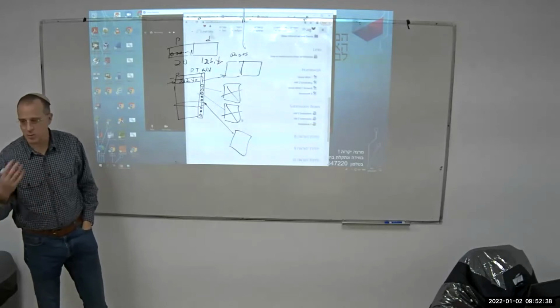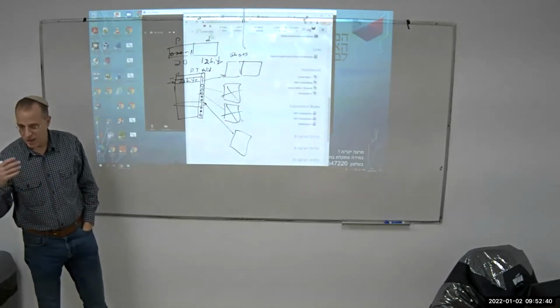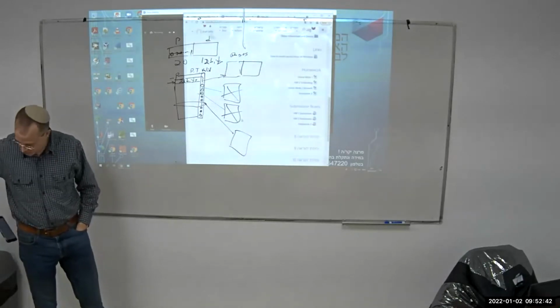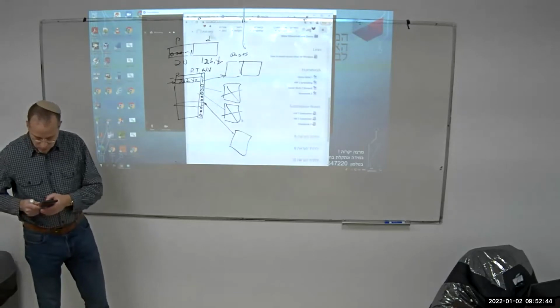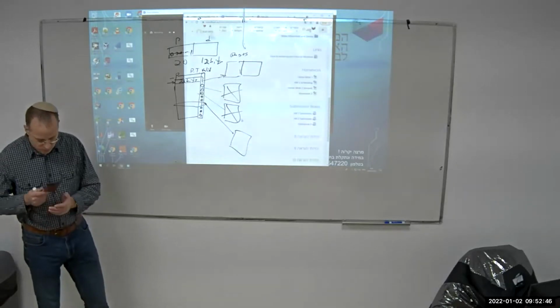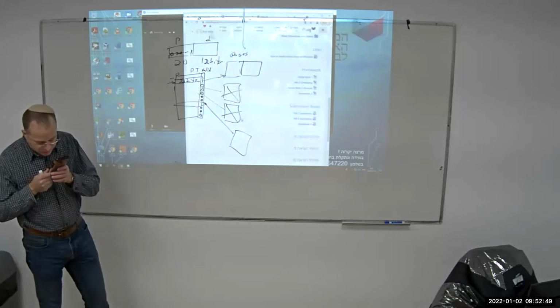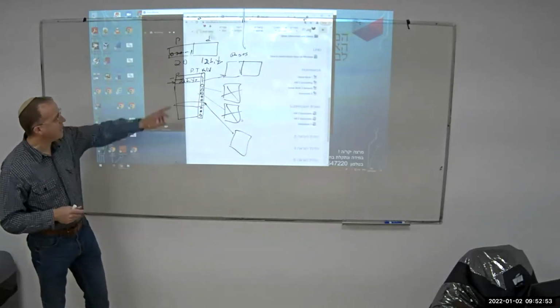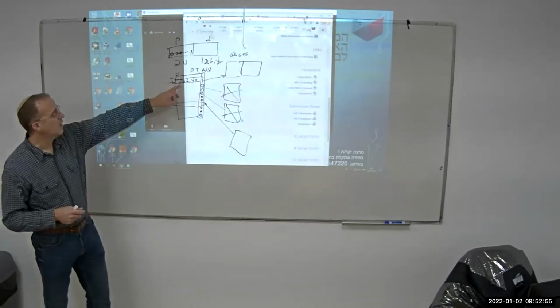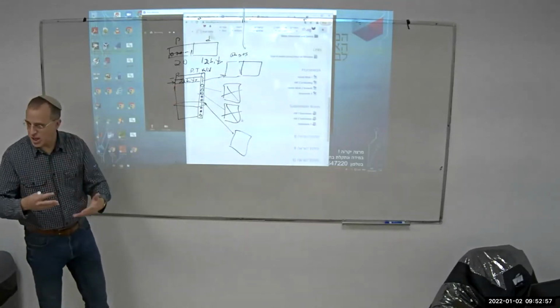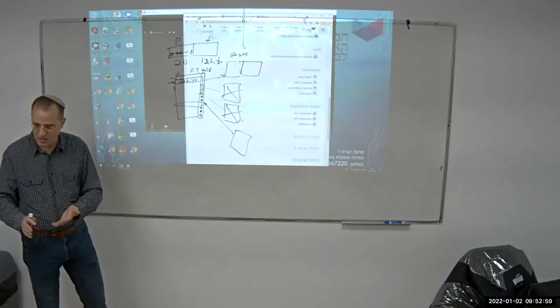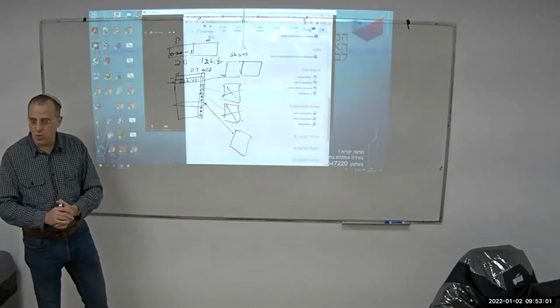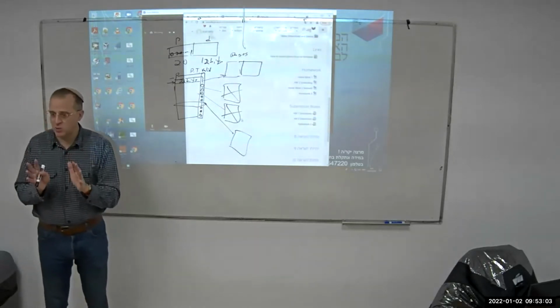Every time we do a memory access, we're going to have to do a mathematical addition, and we want to do this super fast. Whenever you hear the word super fast, what should pop into your head?